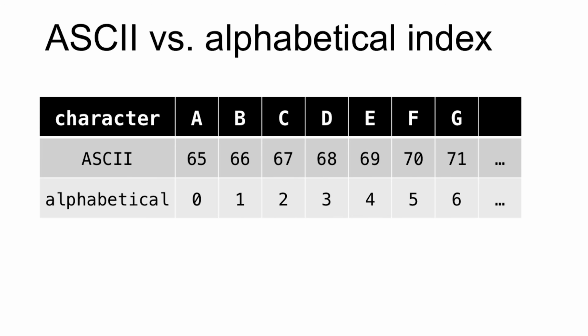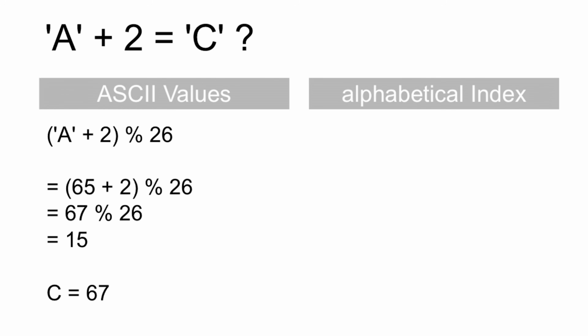We've already talked about how each character has its ASCII value, but let's think about each character also having an alphabetical index, where A, for instance, as the first letter of the alphabet, has an alphabetical index of 0. So now let's apply the same equation as before, but using an alphabetical index.